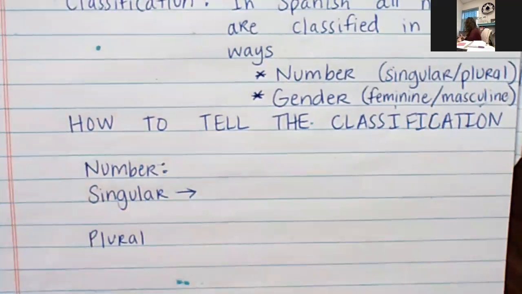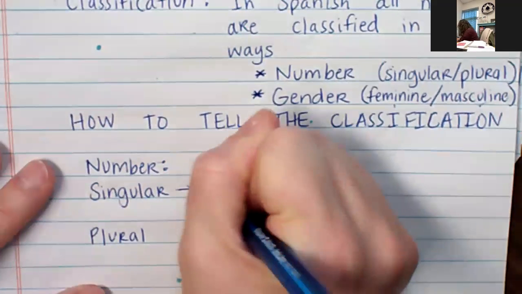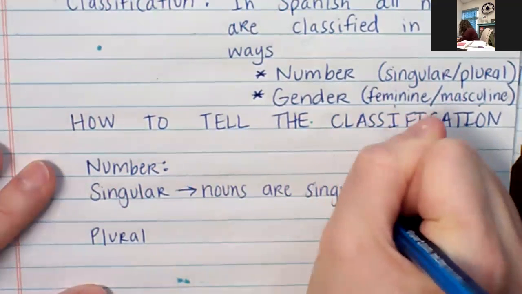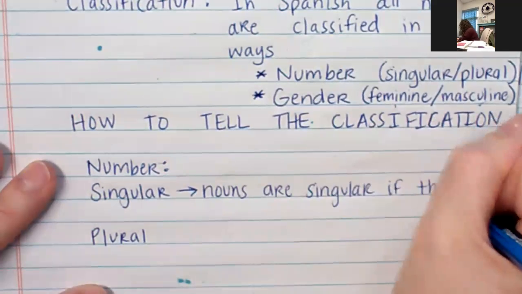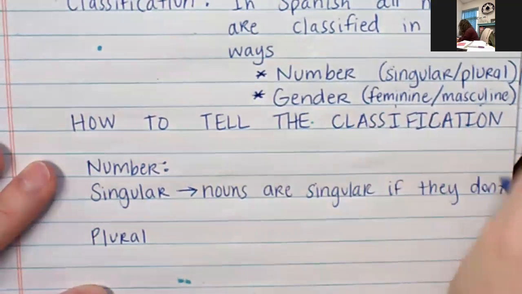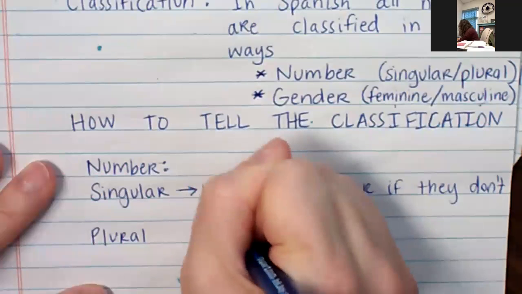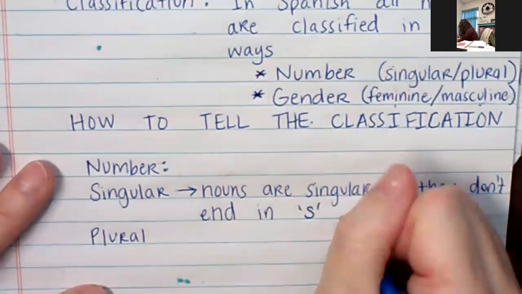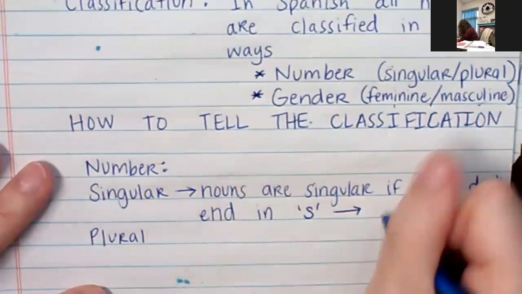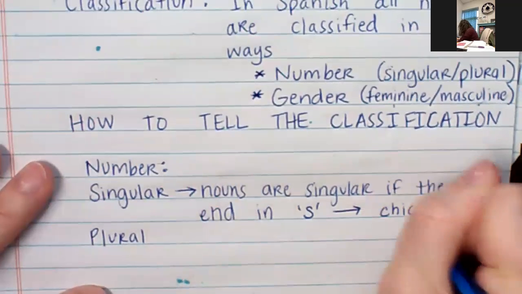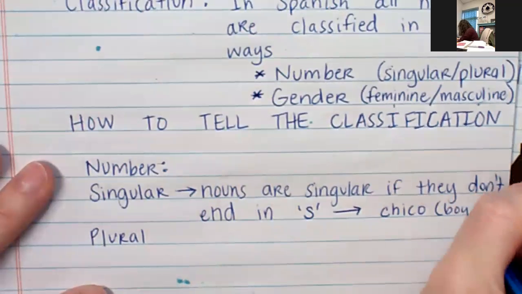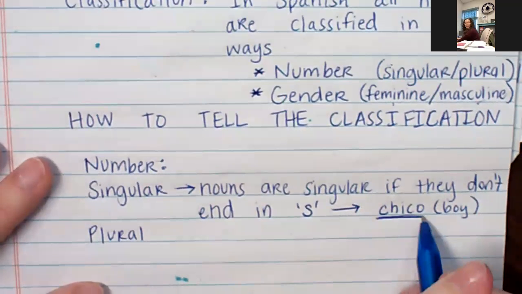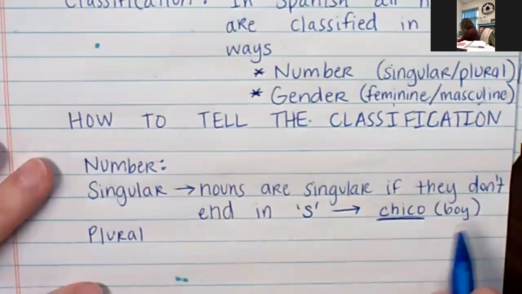Nouns are singular if they don't end in S. So an example of this would be the word chico, which means boy in Spanish. Chico does not end in an S. So it refers to only one boy.